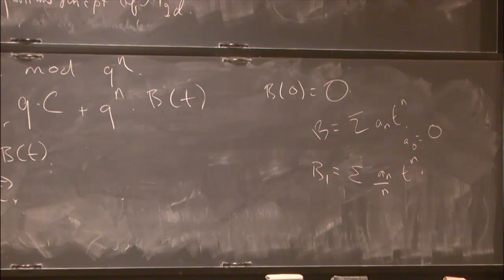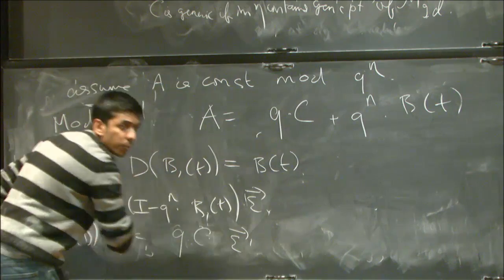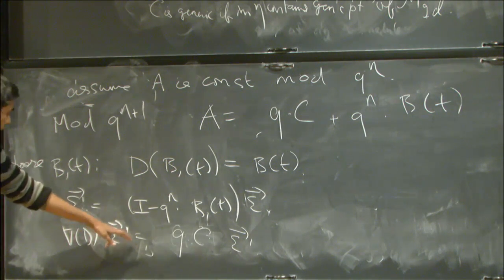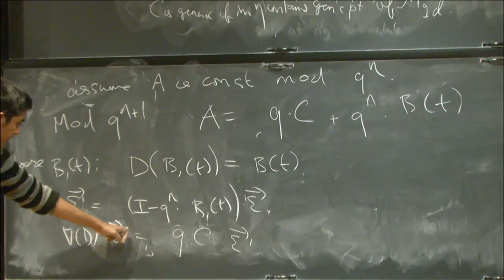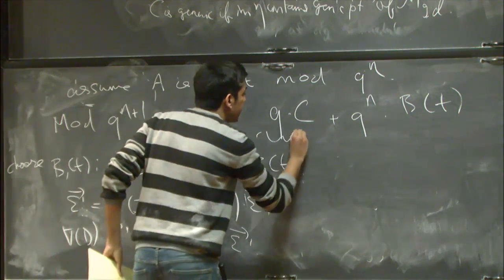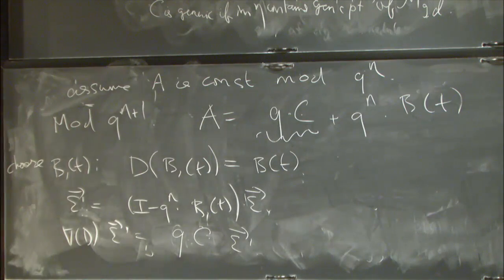You just end up with q times c times epsilon prime. Things cancel out exactly to tell you that this new basis epsilon prime won't have any t's modulo q to the n plus 1. And for that, we do need the fact that c is 0 mod q. That is important.